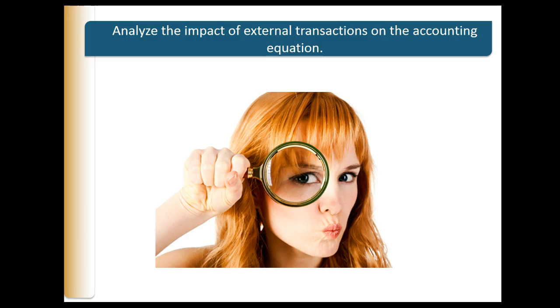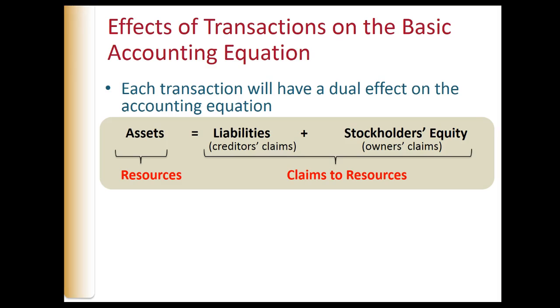So the next step is looking at and analyzing the impact these transactions are going to have on the accounting equation. Now, remember, the basic accounting equation is always going to be in balance, which means the left side, which is the assets, is always going to equal the right side, which is the liabilities and the stockholders' equity. Or the resources are always going to equal the claims to resources.